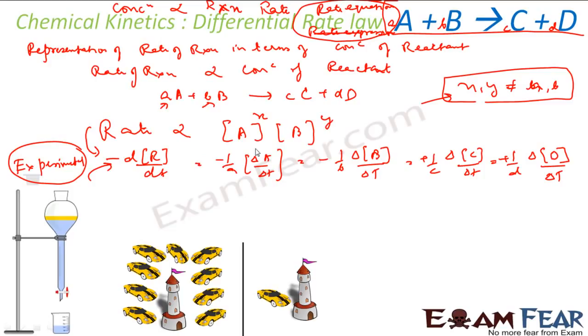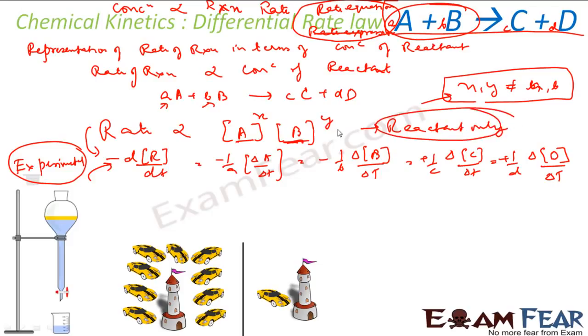So experimentally seen that the rate, we have seen that one question, the rate of the reaction decreases because the concentration of the reactant decreased. So we concluded that the rate of reaction is dependent on concentration of reactant. Please note, it's a concentration of reactants only, not the product. Correct.